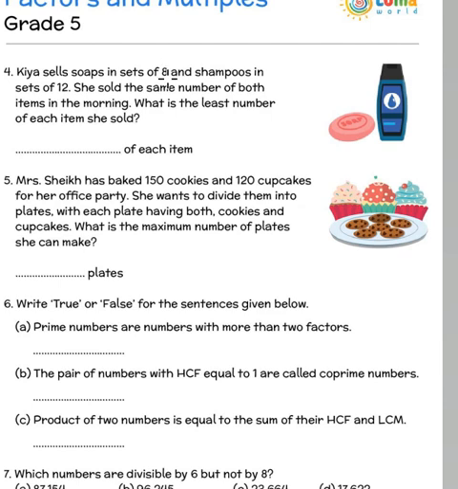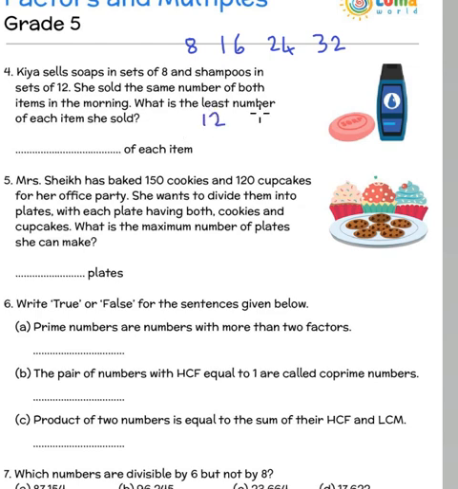So if she sold 8, so she would have sold 8 of those soaps. The next packet she would have sold, remember she's selling in sets of 8. The next would be 16. The next would be 24. The next would be 32. So let's pause here and see what about our shampoos. So we see that she sold 12 of those shampoos in each set.